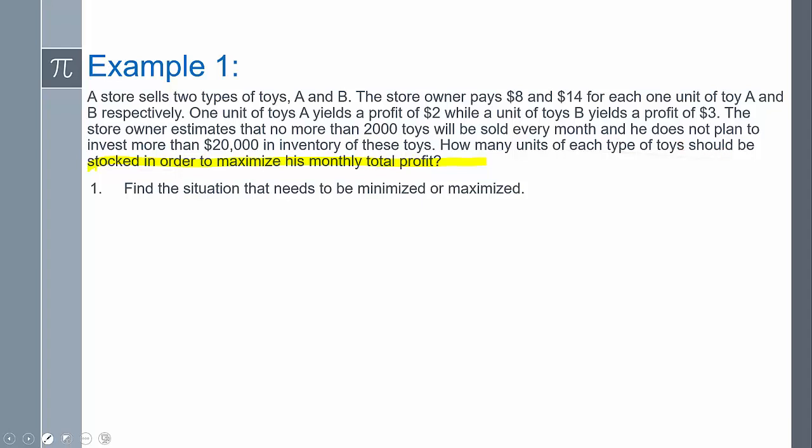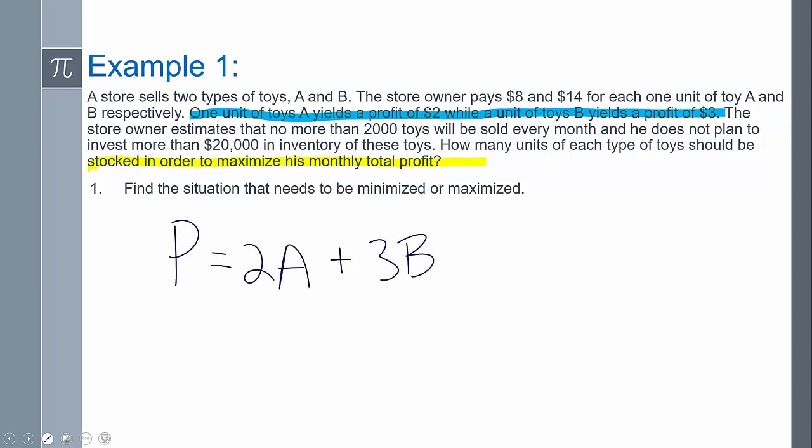But then there's also information that talks about that profit. And so it says 1 unit of toy A yields $2 profit, and then 1 unit of toy B is $3 profit. And so piecing that together, I can say my profit is $2 per toy A I sell, plus $3 per toy B that I sell.